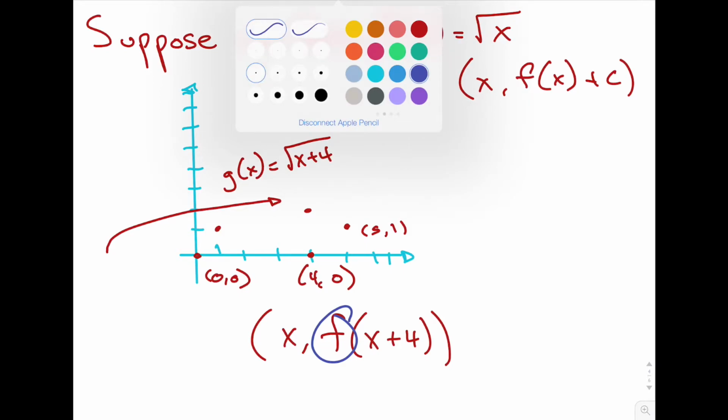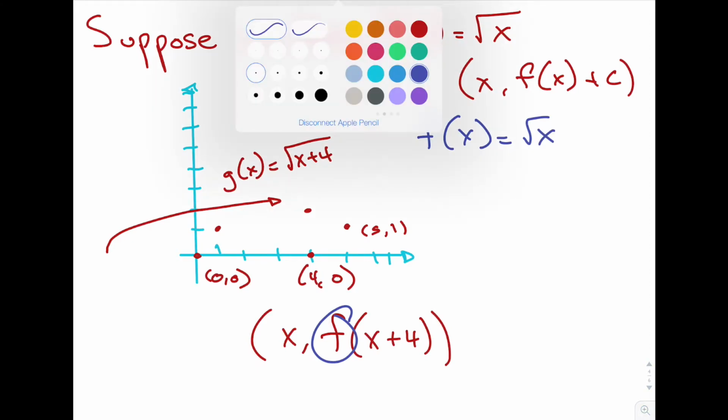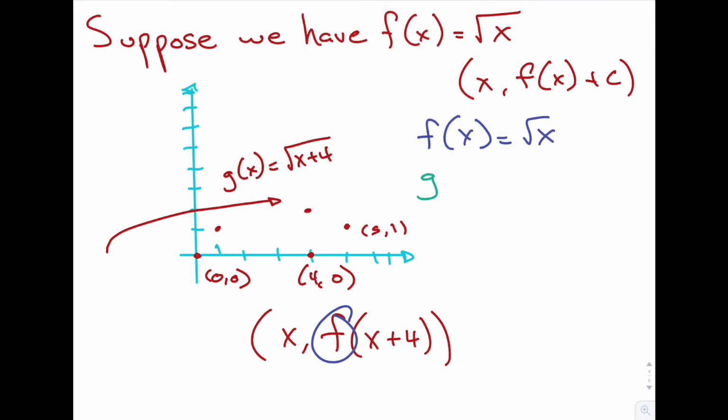So we could say f of x equals the square root of x, and then g of x equals f of x plus 4, which equals the square root of x plus 4. So we can kind of think of our shifted function in terms of our base function.